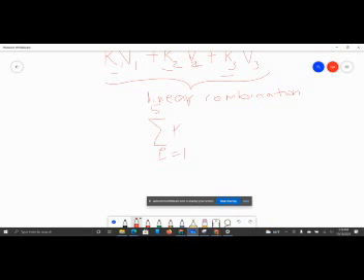And then if we do k sub i and v sub i, what we end up producing is k sub 1 v sub 1 plus k sub 2 v sub 2, and we keep adding in this way until we get to k sub 5 v sub 5. So this is what the summation notation is.